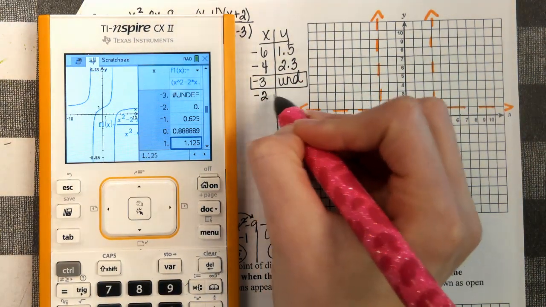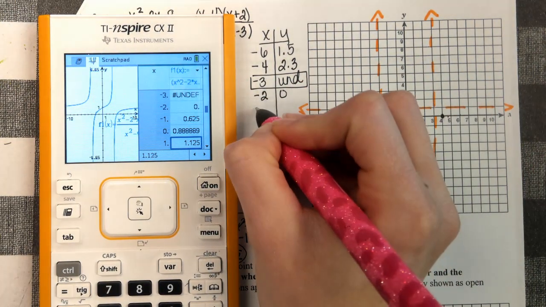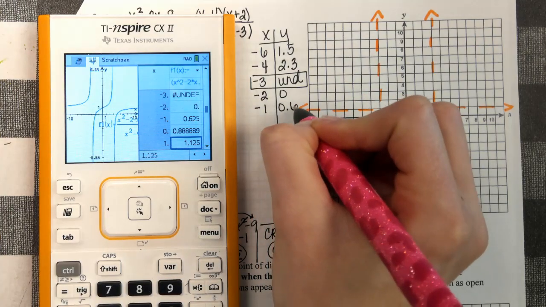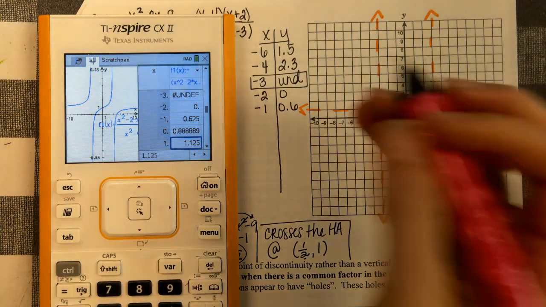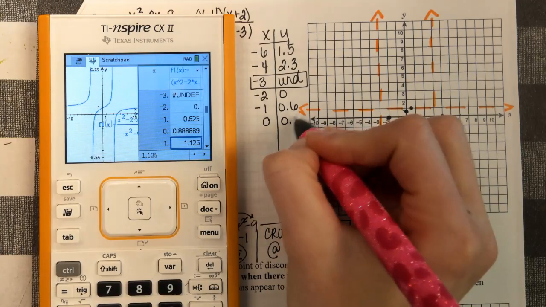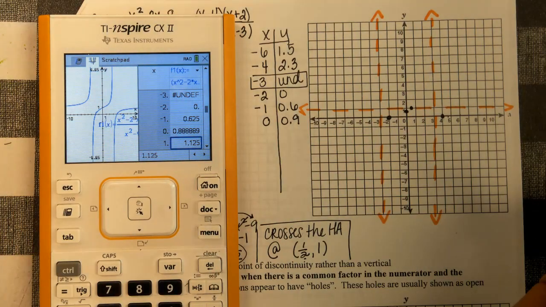And I've got the -2, 0, -1, 0.6. That 0, 0.9 is what we already figured out for our y-intercept.